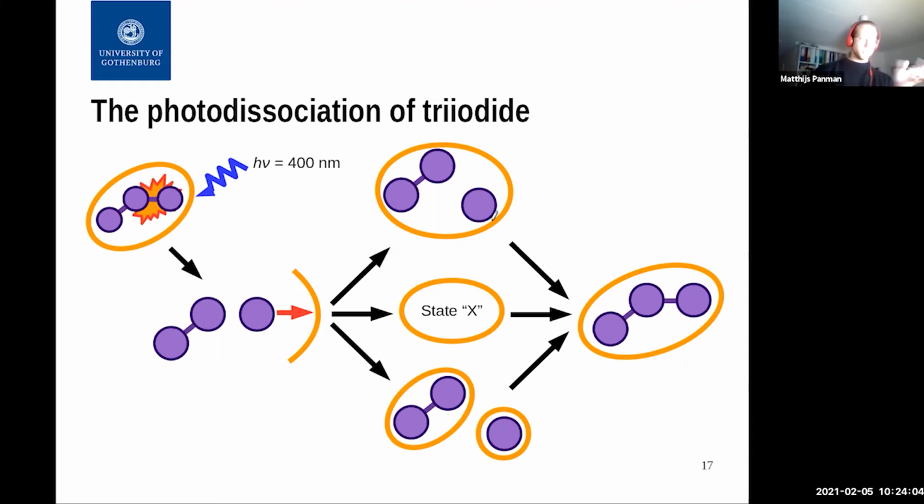Then you can have geminate recombination, or non-geminate recombination at much longer timescales, and you have a mysterious state X, which was observed. They can see the lifetime, but we're not able to characterize what this state X is.